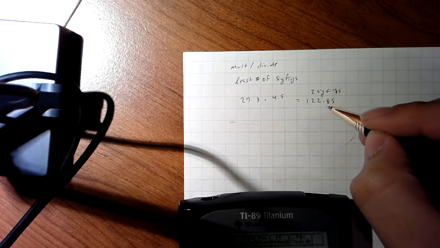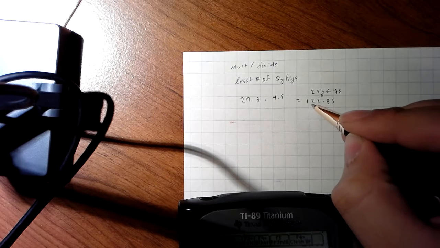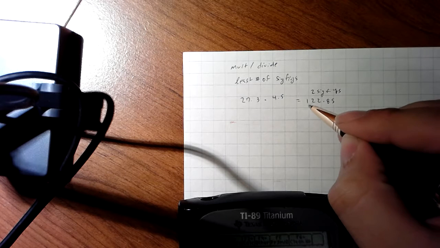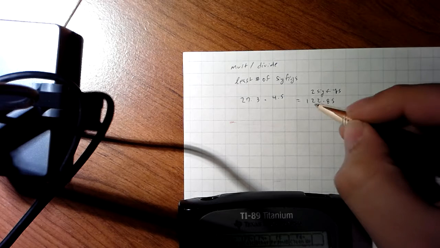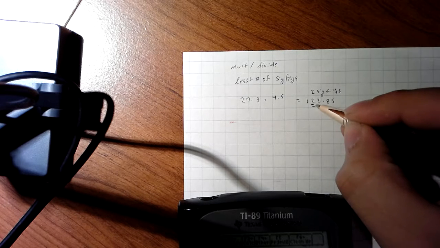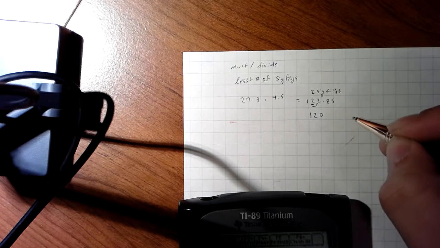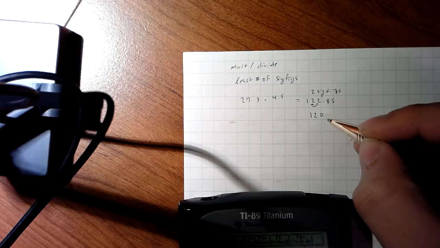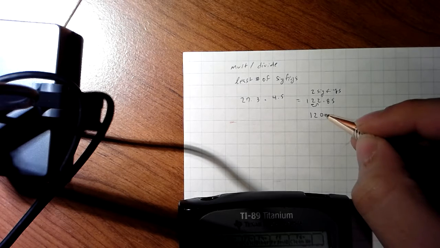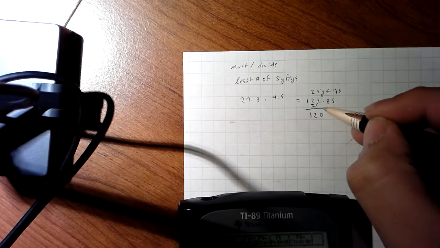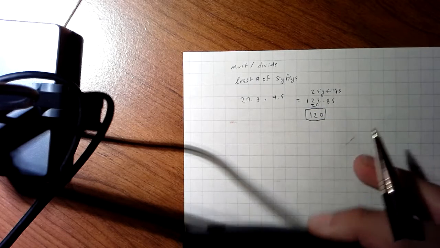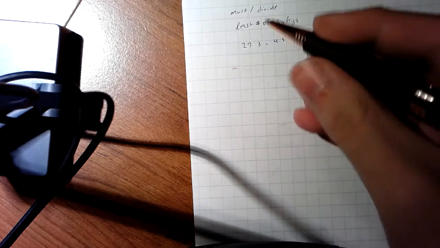If we're going to round it to 2 sig figs, the first one is significant, the second one is significant, so I can underline it. Look at the neighbor. He's going to round down. So I get 120. Notice I'm not putting a decimal. If I put a decimal, that 0 would become significant and we'd have 3. Here we can only have 2 sig figs. So that's 120.